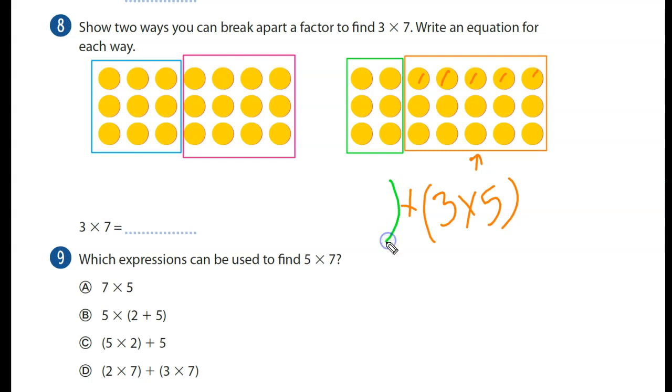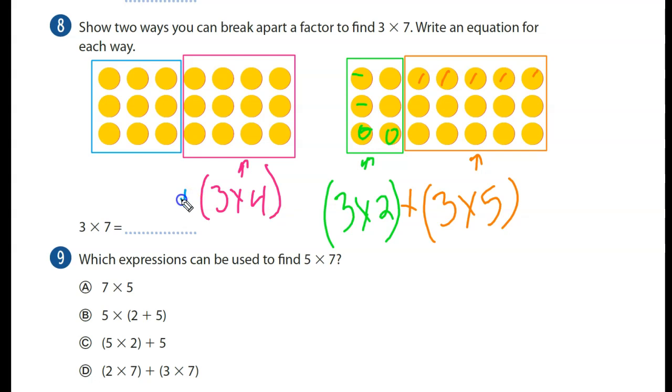And then what would be my multiplication sentence for this one? 3 times 2. There's 3 rows with 2 each. And then what would be my multiplication sentence for this one here? 3 times 4. I have 3 rows with how many in each row? 4. And then what would be my multiplication sentence for this one?